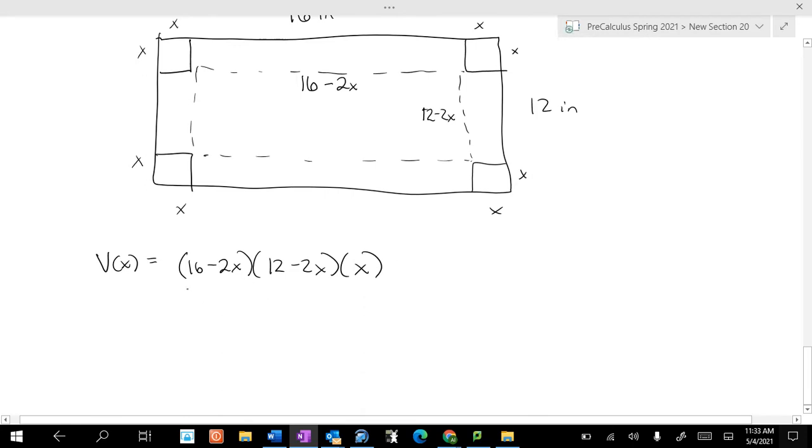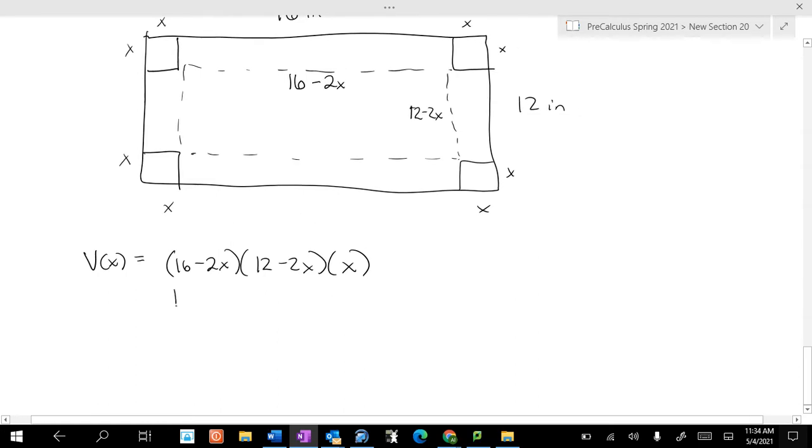So 16 times 12, that's a big number. Like 288? No. 192. There you go. 192. Outers is negative 32.